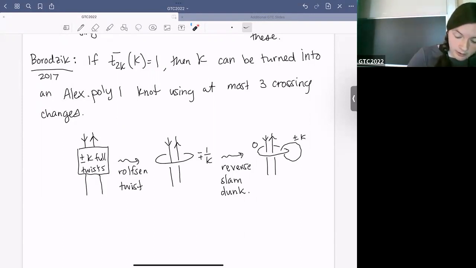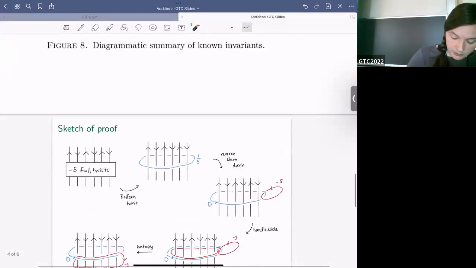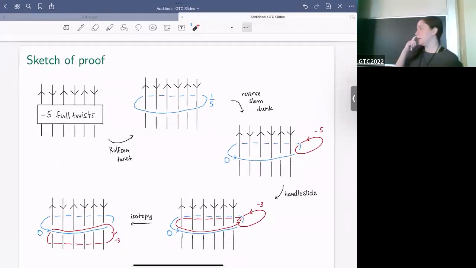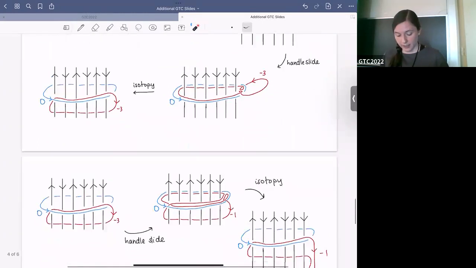And so, let me scroll down here. If you take as many strands as you want, I've done one here with 6 strands. Okay, and I want to do maybe -5 full null-homologous twists there. I can do this Rasmussen twist and think about this as a 1/5 framed unknot that I'm grabbing. Do a reverse slam dunk, and then I can do lots of handle slides and isotopies very, very carefully.